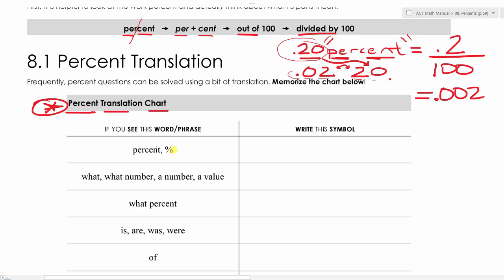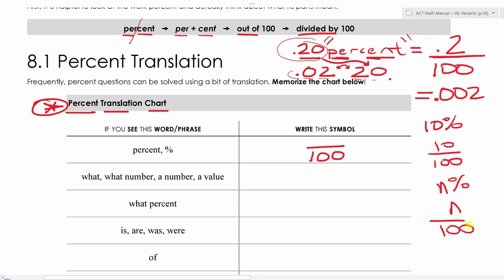As I said, I would memorize this chart, but you can see the first word in our percent translation chart is the word percent, or the percent symbol. And whenever you see that word percent or the percent symbol, again, I want my students writing over 100. So if you see, as we did up here, 0.2%, you do 0.2 over 100. If you see 10%, you do 10 over 100. If you see n%, you do n over 100.